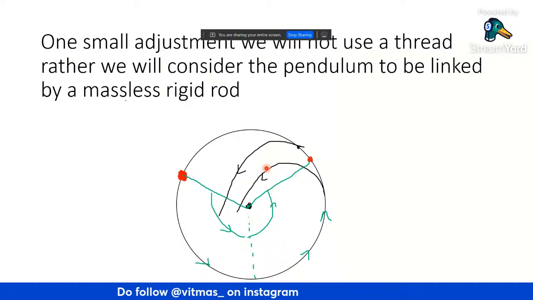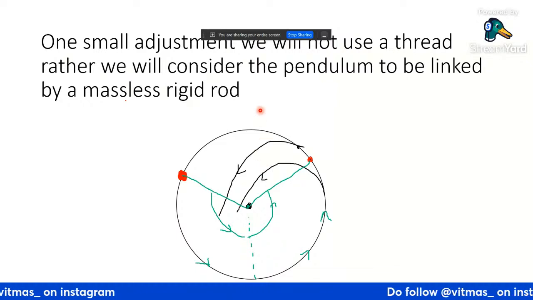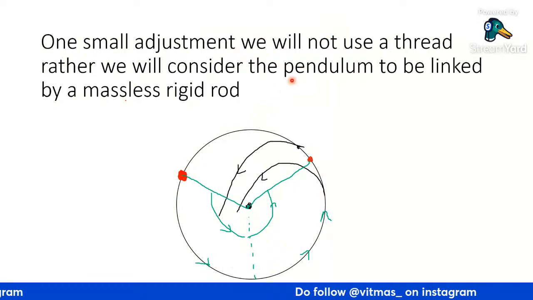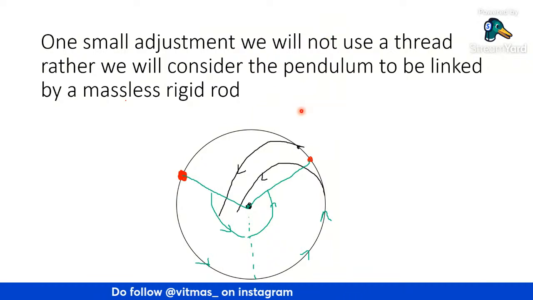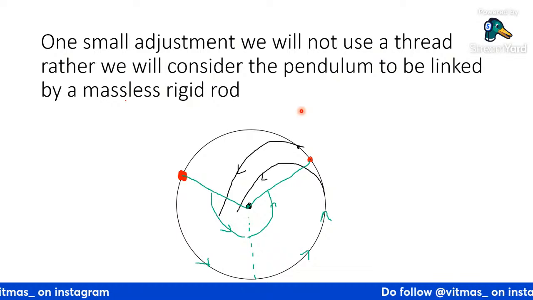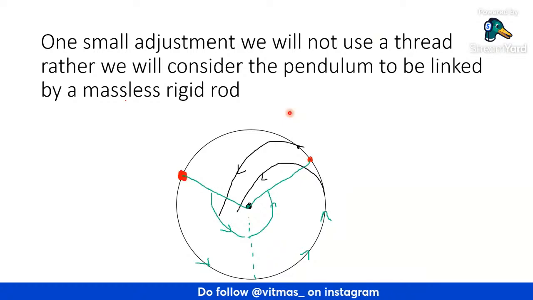So it is complicated, and we don't want that in our problem. So for that, we will assume a massless, rigid rod for our problem. Okay. Now, of course, we need to make assumptions: we don't consider drag of air, buoyant effects of air. We don't consider the friction between the bearings and all. Okay.